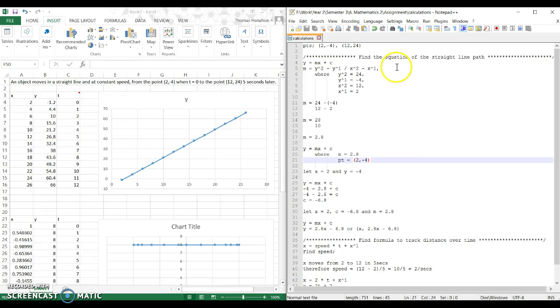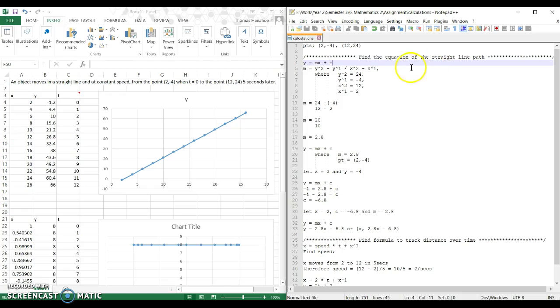So I started off with my 2 points, (2, -4) and (12, 24). Using these 2 points, I could find the equation of the line using the equation of the line formula, y is equal to mx plus c. But before I could do this, I needed to find m, which is the slope of the line.